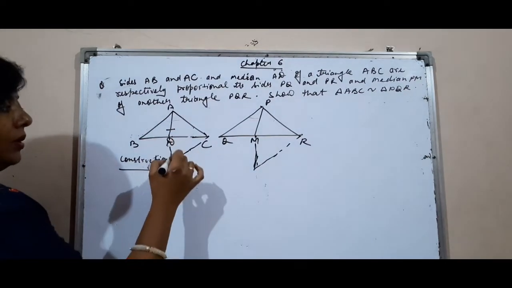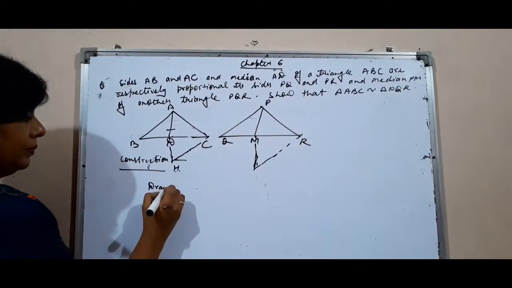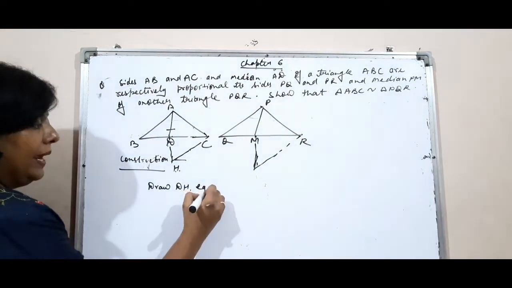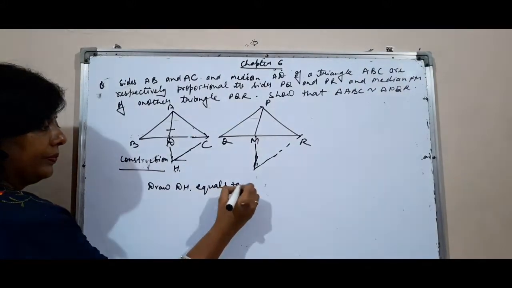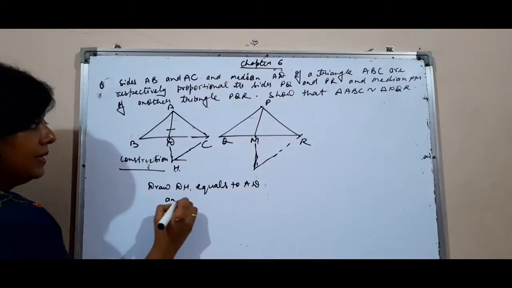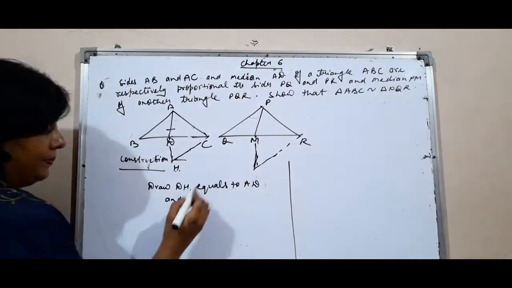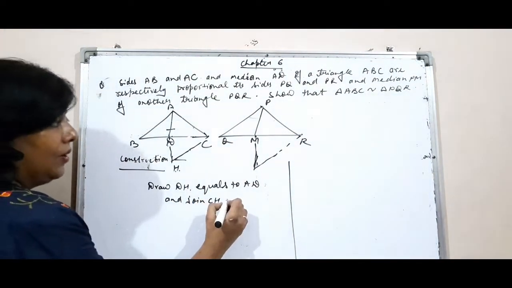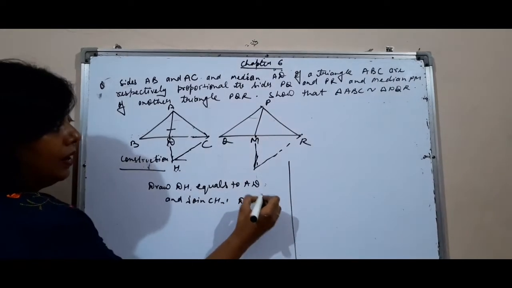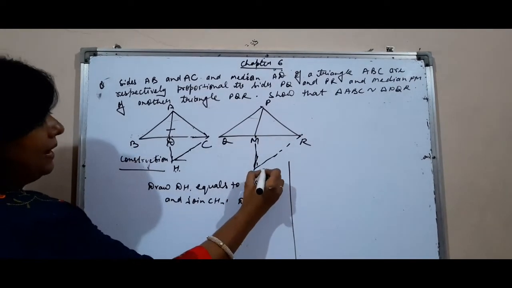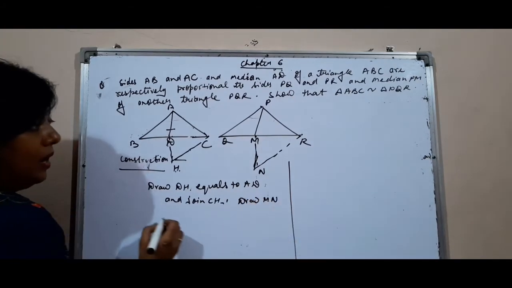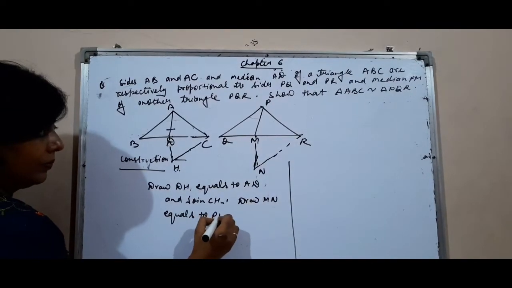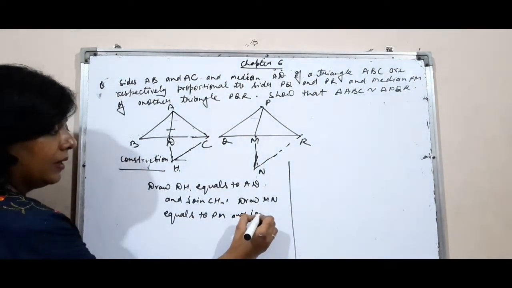Draw DH equals to AD and join CH. Draw MN equals to PM and join RN.